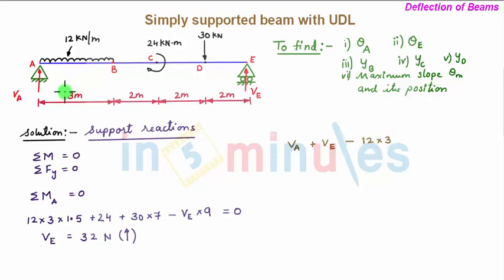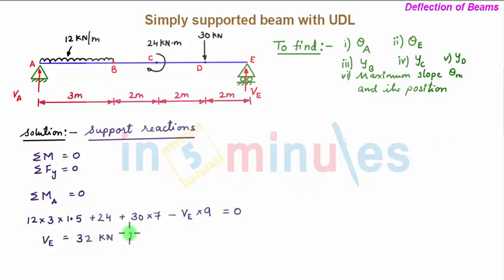Then we have this downward force of 30 kN, so minus 30, and this is equal to 0. Now by substituting the value of VE as 32 kN, we have VA plus 32 minus 36 minus 30 is equal to 0. So from this we get the value of VA.